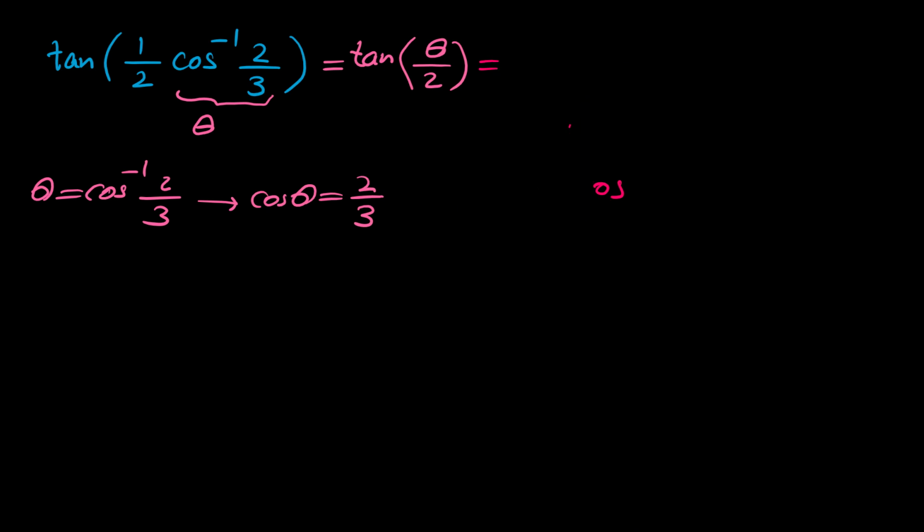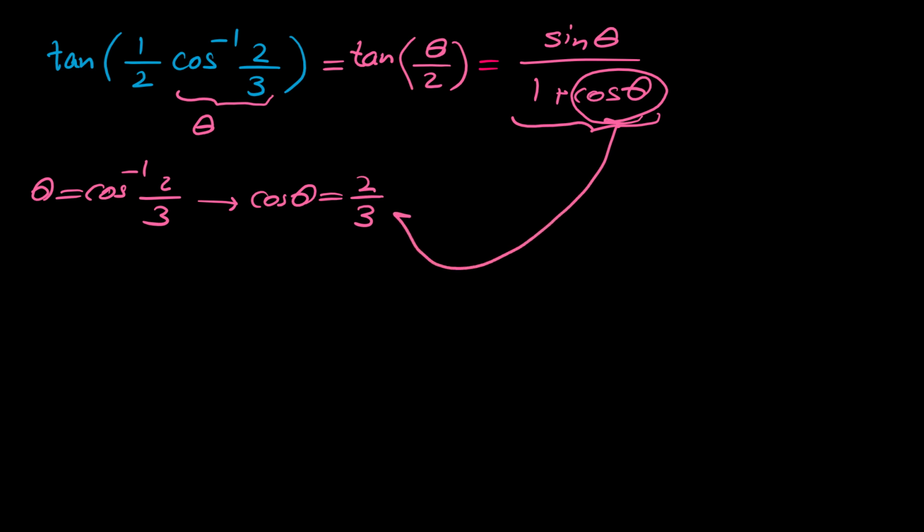So for finding tangent of theta over 2, we use this formula: sine theta all over 1 plus cosine of theta. For finding the value of this expression, we need the value of cosine theta, which is 2 over 3, and we have to find the value of sine of theta.